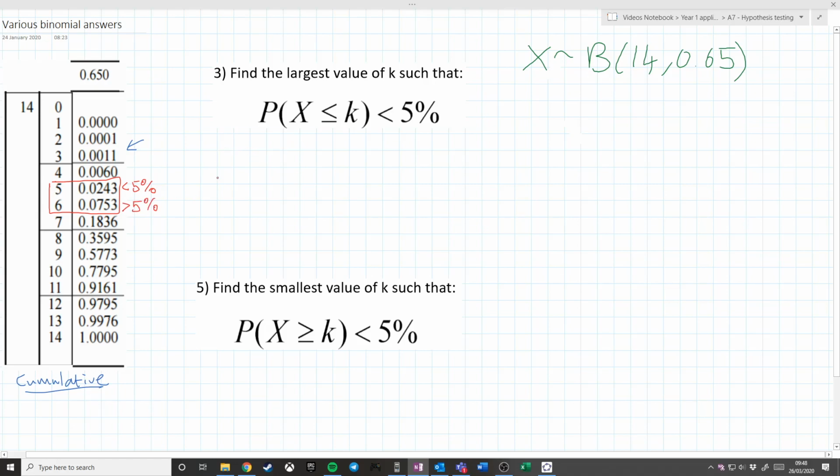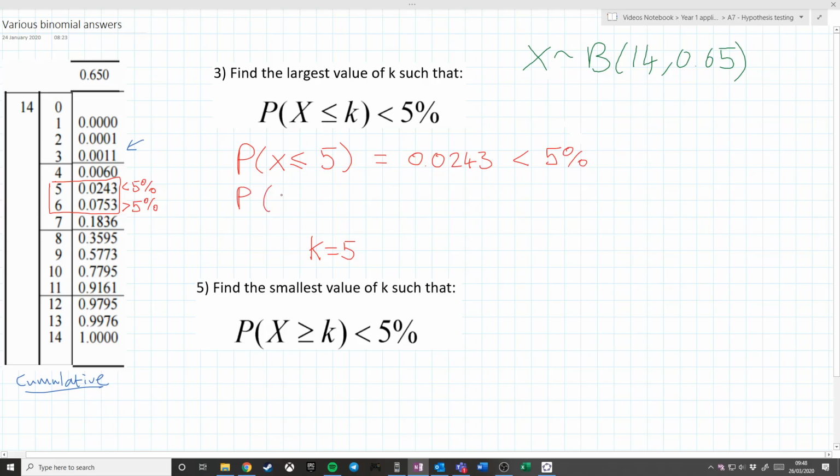So what can I write down? I can write down the answer. The answer is going to be 5, but my working is: the probability of x less than or equal to 5 is equal to 0.0243, and that is less than 5%.